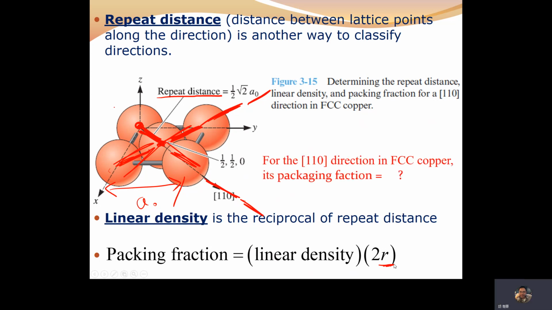So, for example, for the 110 direction in FCC copper, what is the packing fraction? Sorry, this is a typo, it should be fraction.